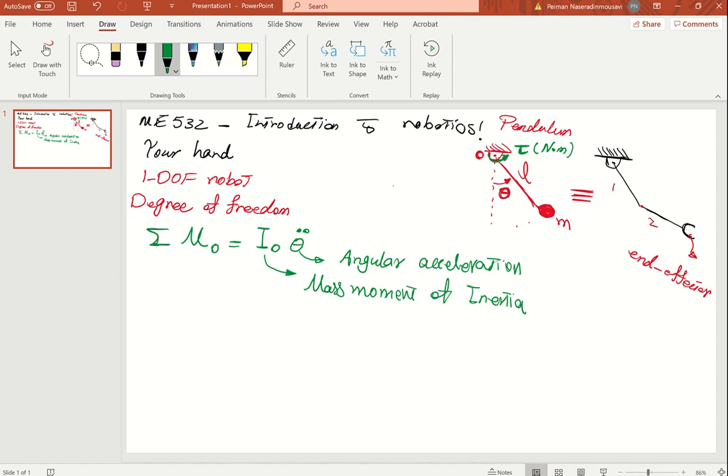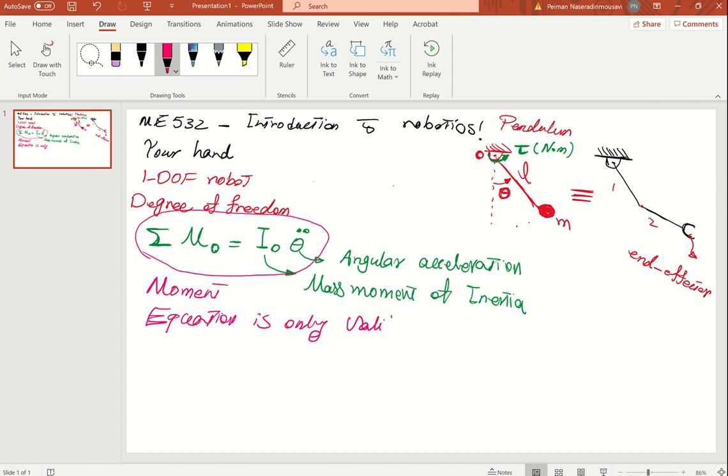And this is the sum, sum of the moments around point O. And if you remember from the class you had with me previously, the moment equation is only valid around a fixed point, which here is your shoulder joint, or the mass center.